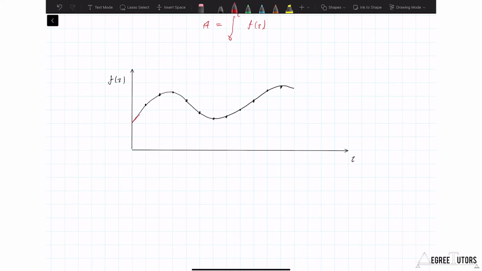A trapezoid is a straight line from there to there, a straight line down here, a straight line down here, and a straight line across here. So we have the area approximated, and the approximation comes about because between here and here we actually have a curve, but we're approximating it with a straight line. Your approximation gets better and better the smaller the gaps between your samples.